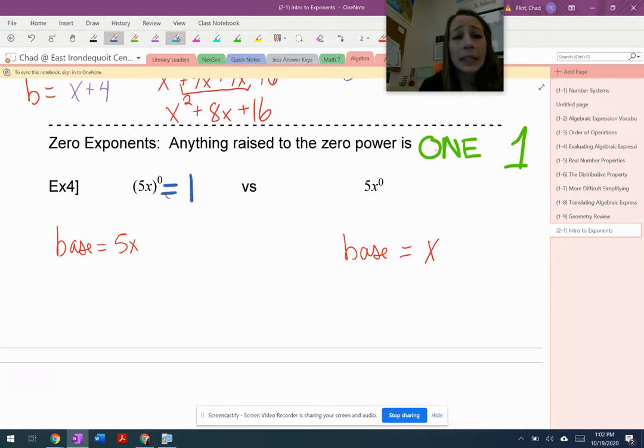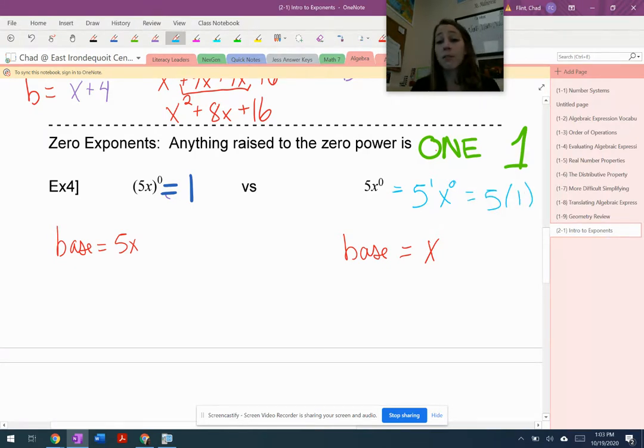A little different from what happens over here, because again, the base over here is just the x. So that 5 does not have an exponent of 0. It has an exponent of 1. And the x does have an exponent of 0, which just stays.